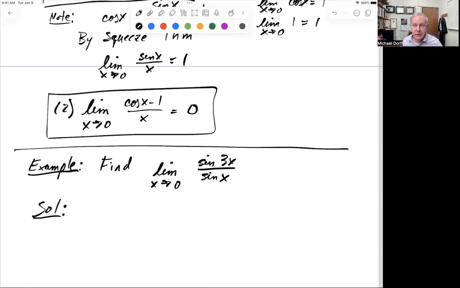Usually when we did manipulations earlier, that meant we could do something like factor it, or add fractions together, or we had a square root. This doesn't have any of those in there.